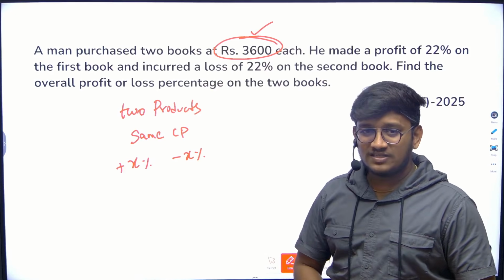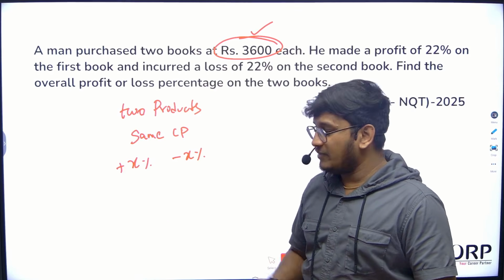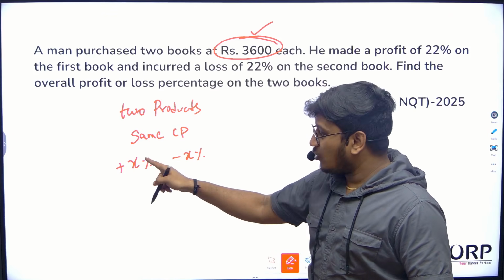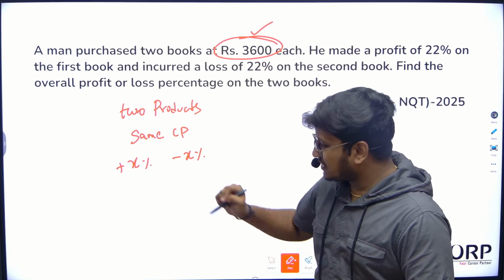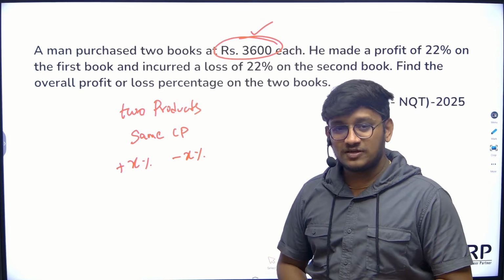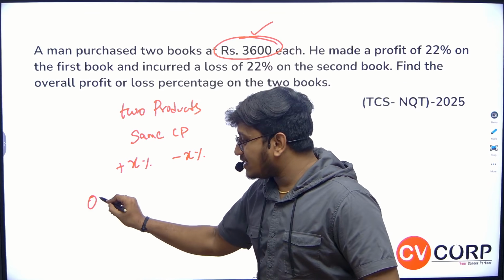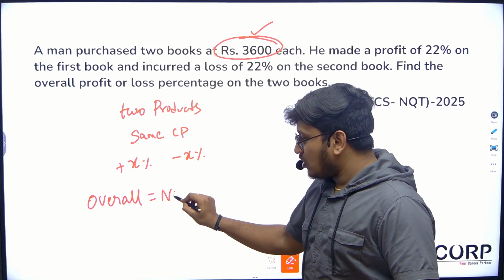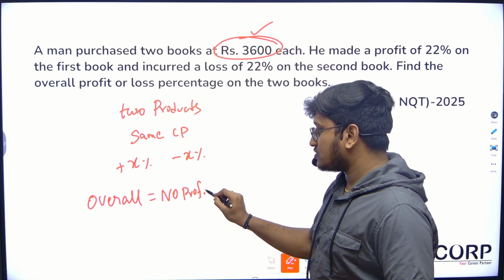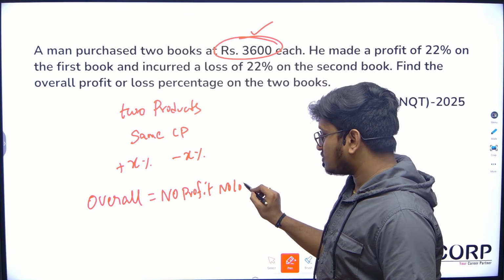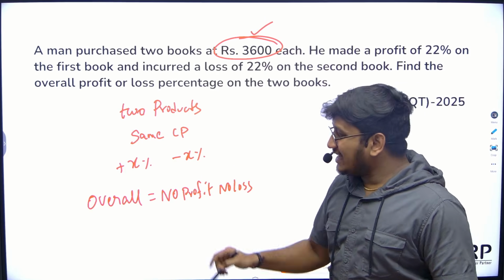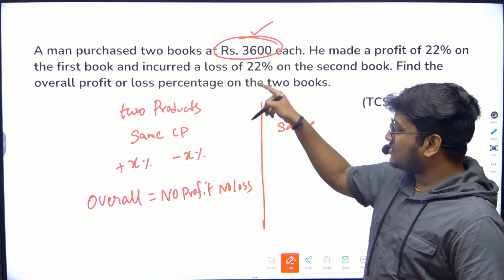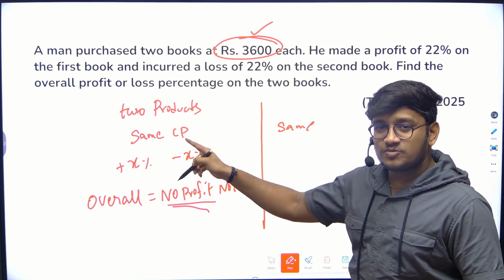Profit indicates plus and loss indicates minus. If the cost price is the same, what will be the overall result? At least remember from now: it will be no profit, no loss. For this question, the answer is no profit, no loss, because the cost price is the same.